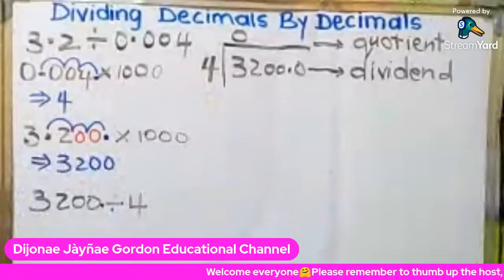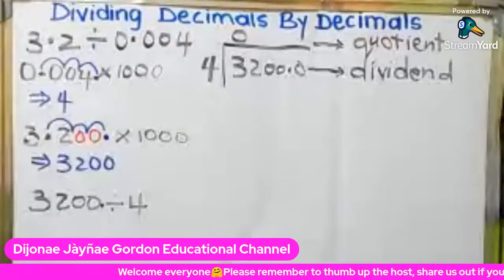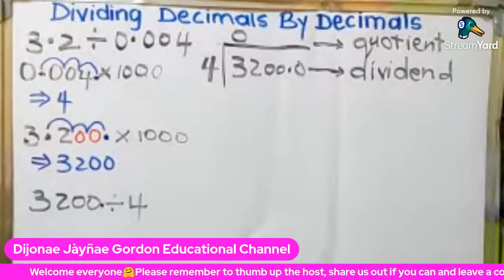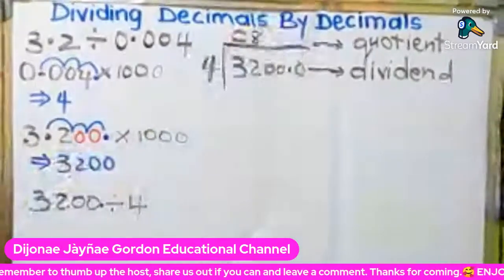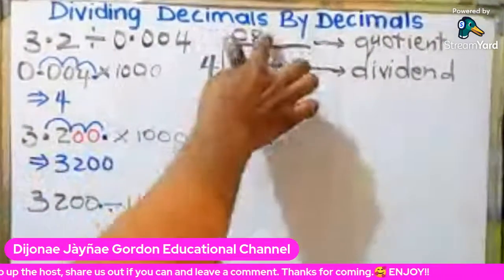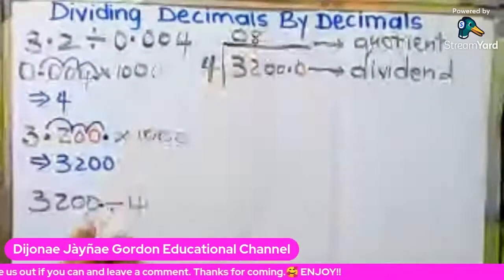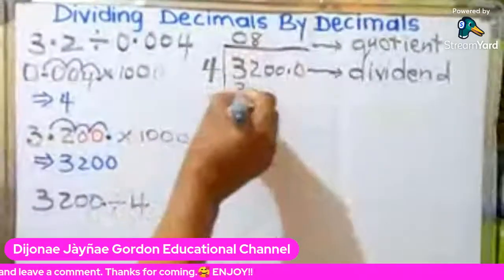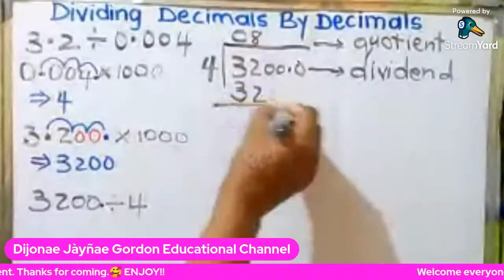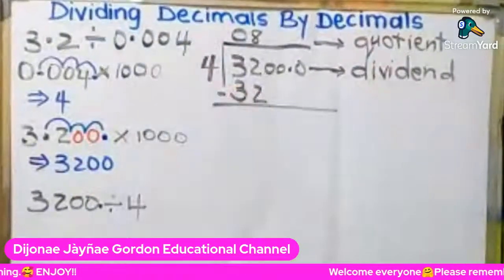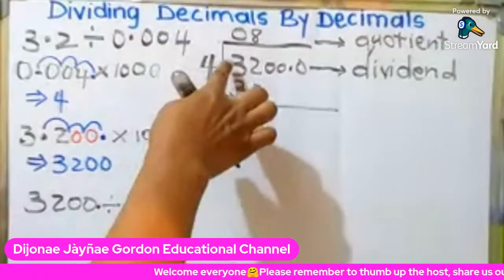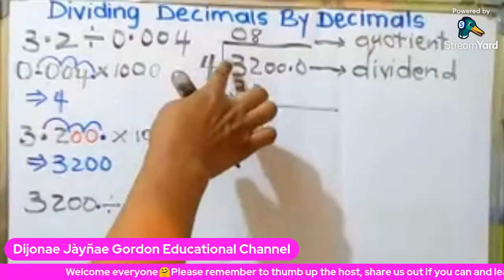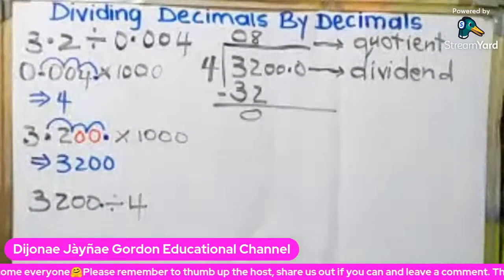And of course, you can get 8 groups of 4s. The next step is that you're going to take this 8 and multiply it by 4. And of course, that is going to give you 32. Draw your line, and of course, you're going to take away. So 32, and you give away all 32 of it, you have 0 left. What do we do next?